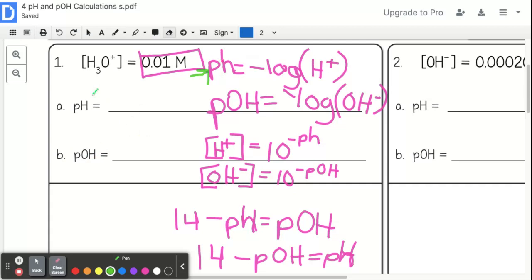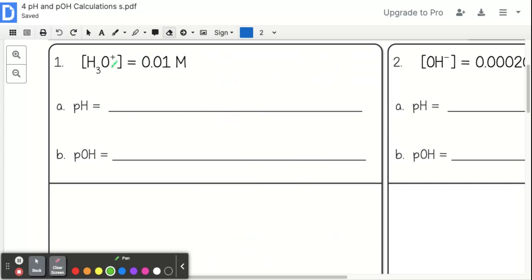Okay, so let's see, I'm just going to clear all this off. If I have pH, we're going to be using the negative log to find that. So pH is going to be equal to the negative log of the hydrogen concentration, which is 0.01 moles.